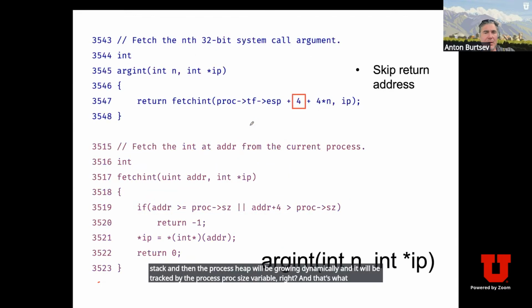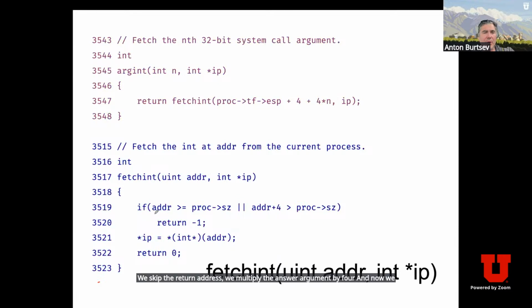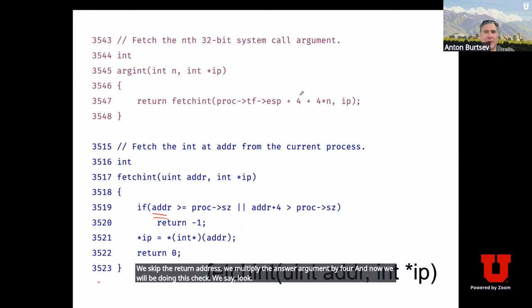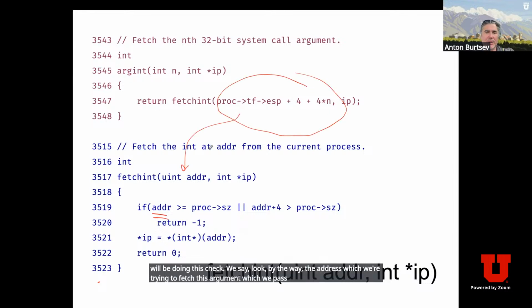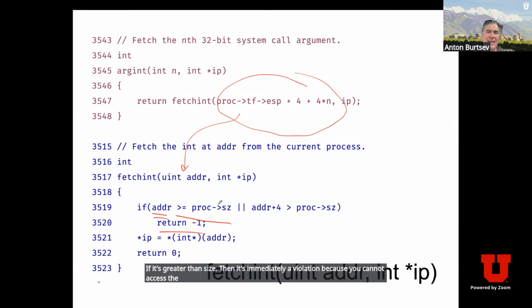It says, okay, we skip the return address, we multiply the nth argument by 4, and now we will be doing this check. We say, look, the address which we're trying to fetch, this argument which we pass into this helping function, if it's greater than size, then it's immediately a violation because you cannot access the memory above the process size.